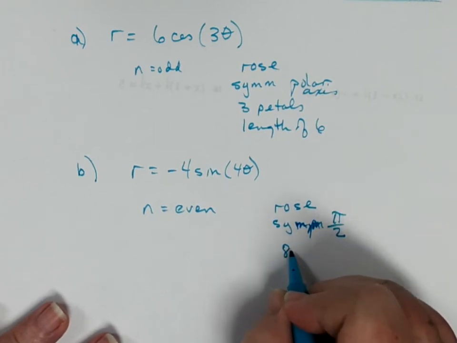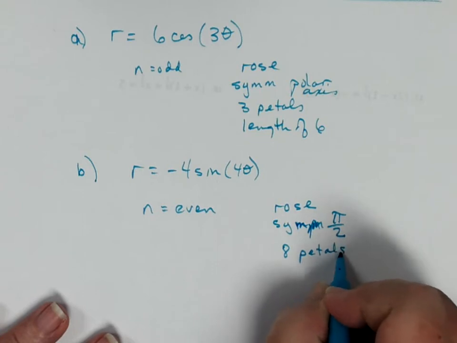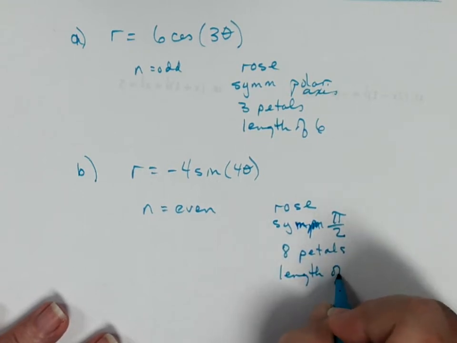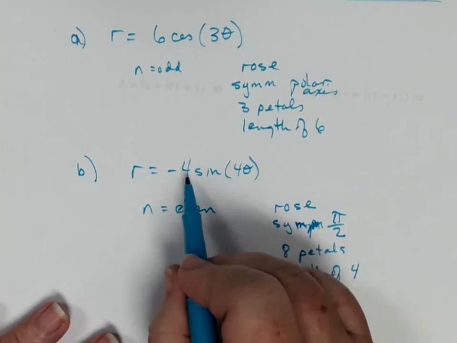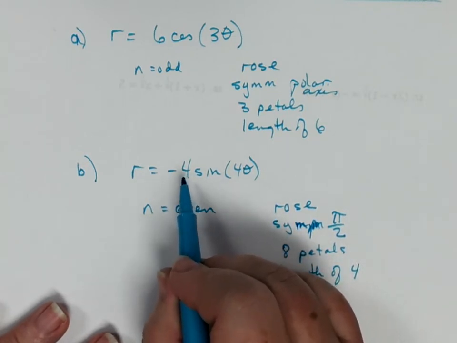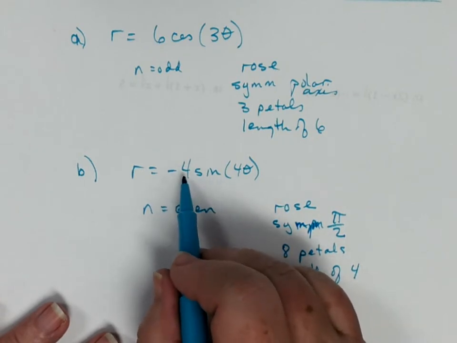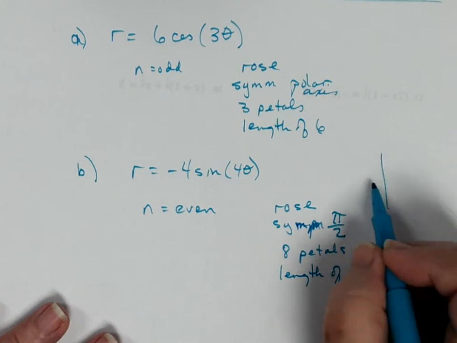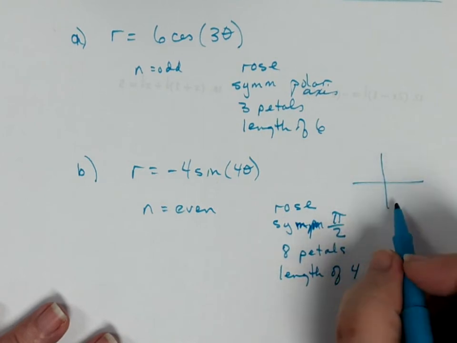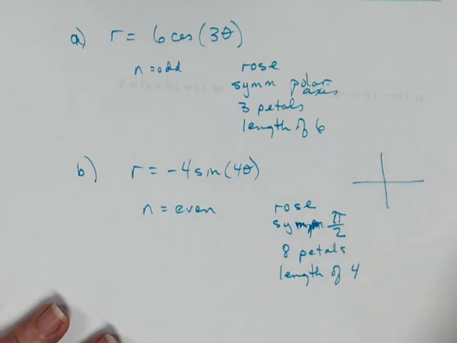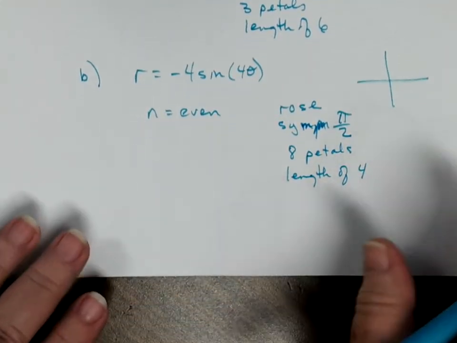It will have 8 petals, and each petal will have a length of 4. Now understand that this is negative 4, but remember negative means different in polar graphing. What this is telling me is instead of starting at, for example, pi over 2, we would start at negative 4 from that location, but the petal length would still be 4.